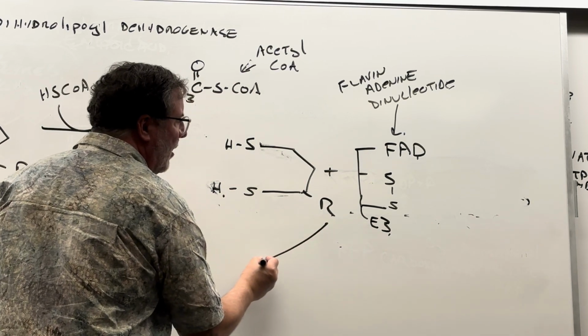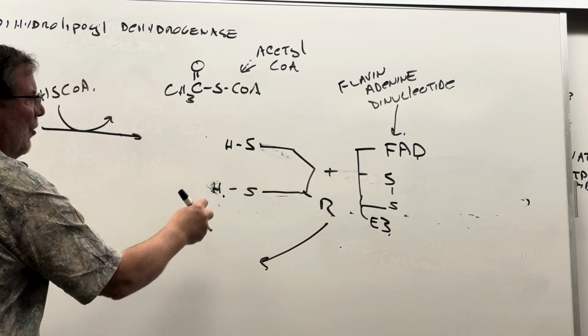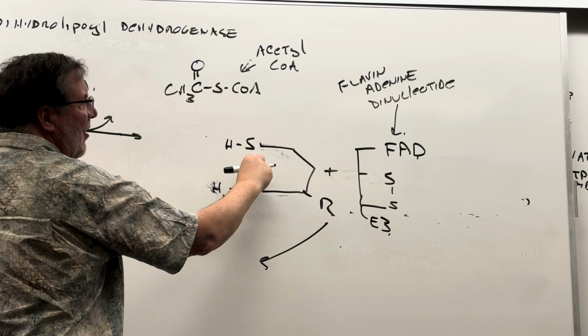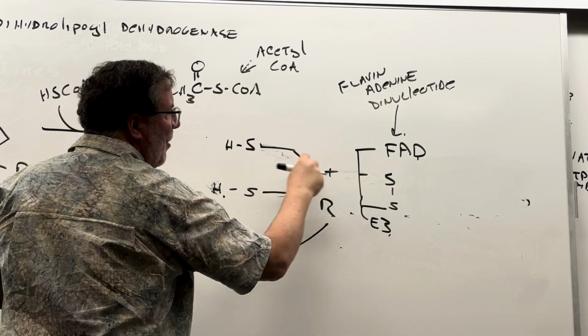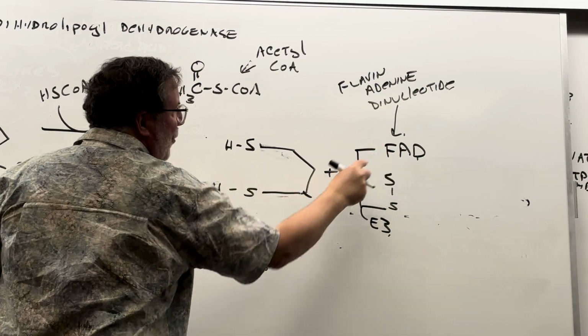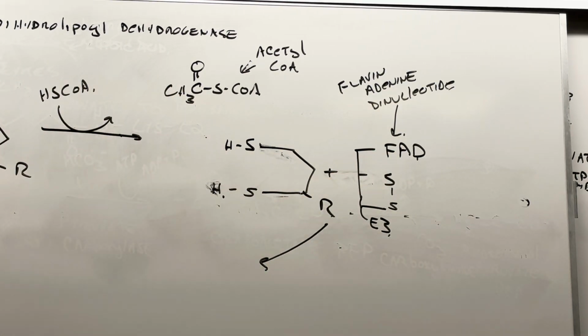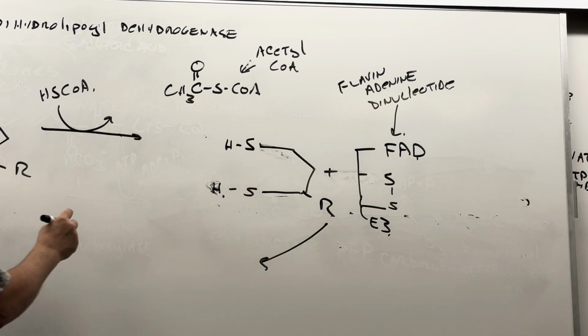So I'm going to come down here to show. We basically get oxidation here that's ultimately going to result in reduction here. Those electrons actually go through this FAD. I'm going to show you the structure of FAD in just a little bit.